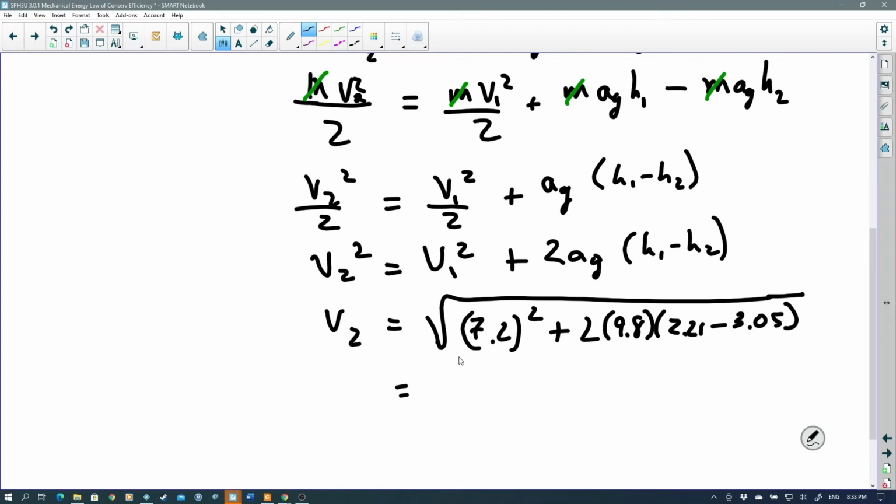I'm going to do some of these calculations off screen. So 7.2 squared plus 2 times 9.8 times the bracket 2.21 minus 3.05 is equal to 35.37.